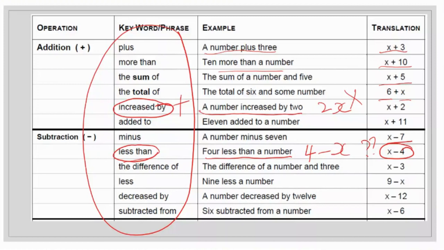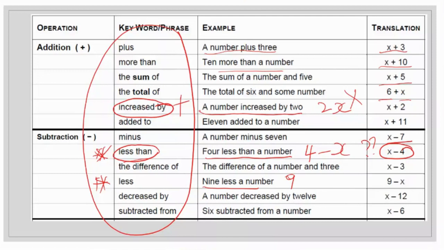9 less than a number. This one, 9 less a number. We have only English. English sometimes is shy. That's why we must have mathematics maybe in our languages, because you've got this one. This one is saying less than. This one is saying less. Okay. When you've got less, you can just read it as it is.